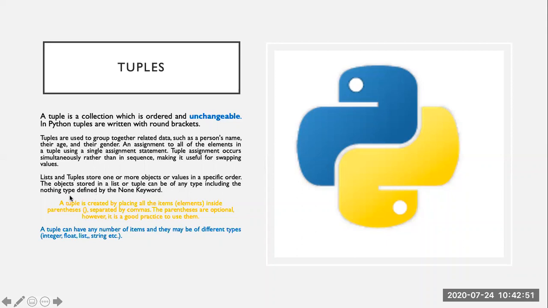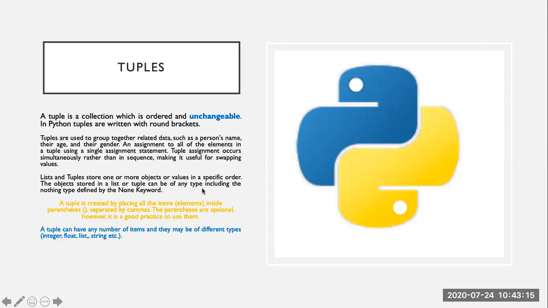For example, we can add items of float data type, string data type, or even integer data type.